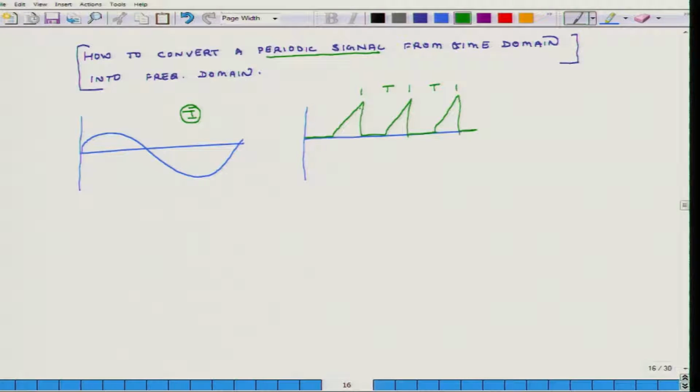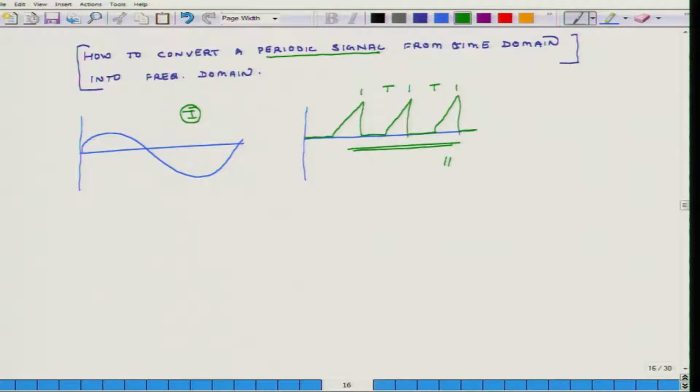I can express it right away just by looking at it in terms of its sine and cosine terms. But this second signal is periodic, and it will be really nice if we can somehow convert this type of periodic signal into a sum of sines and cosines, because the moment I convert it, I can get a frequency domain representation of the signal.